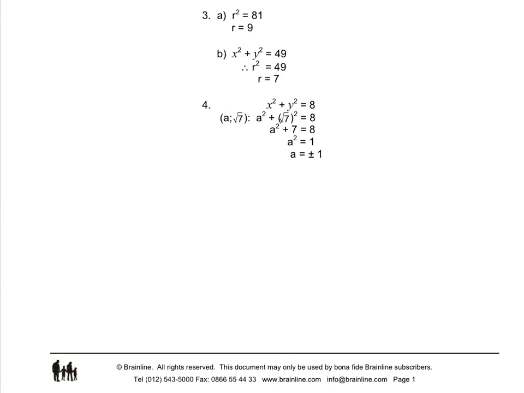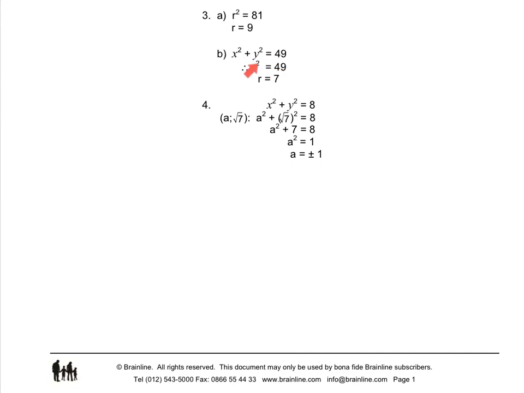and therefore only the positive 9 is applicable in this solution, so the radius has a length of 9 units. Then in question 3b, we said that we just have to rewrite the equation and put it in standard form. So the minus 49 was taken to the right-hand side and became a positive 49. So the 49 is in the place of r squared. And since we want to work out r, we can say that r squared is equal to 49.